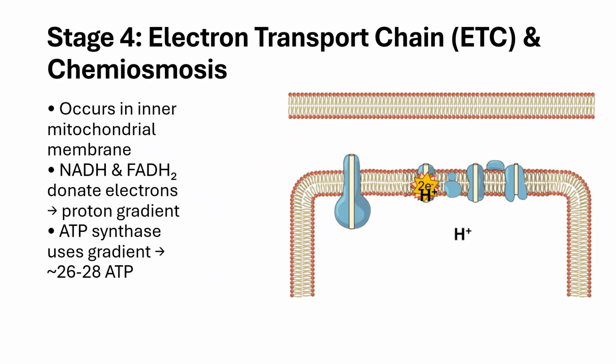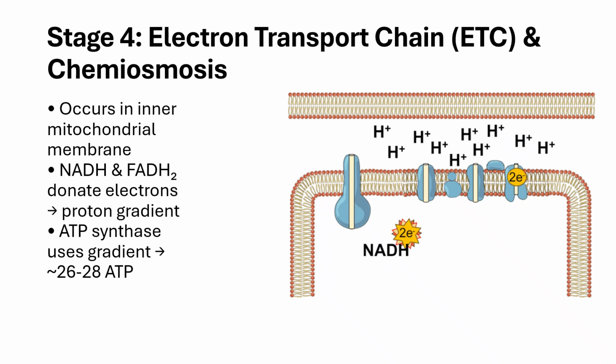This is where the big energy payoff happens. The electron transport chain, or ETC, and chemiosmosis happen in the inner mitochondrial membrane. NADH and FADH2 drop off electrons. The electrons travel through protein complexes, pumping protons to create a gradient.